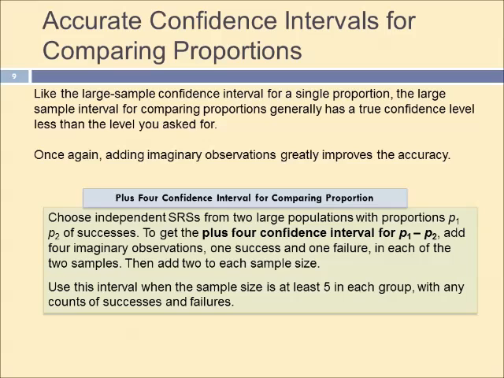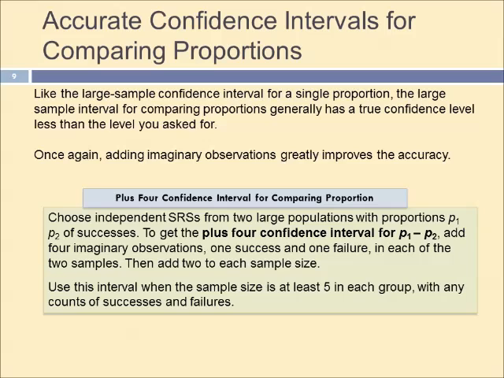Large sample confidence interval for a single proportion. The large sample interval for comparing proportions generally has a true confidence level less than the level you asked for. So once again, we'll add imaginary observations to improve the accuracy. So we choose independent simple random samples from 2 large populations with proportions p1 and p2.